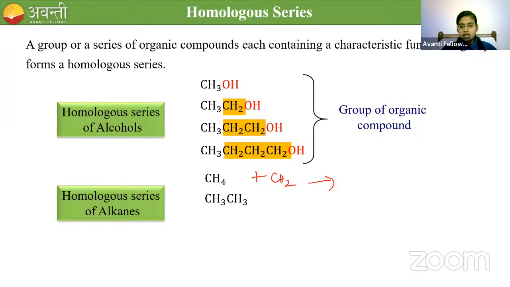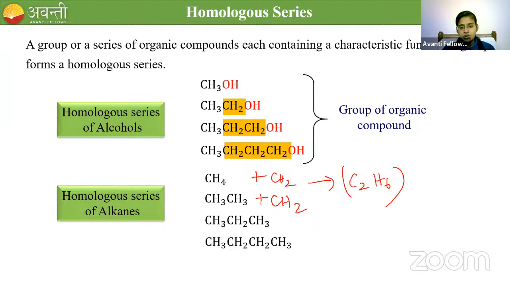If you add one more CH2, you will get CH3CH2CH3. And add one more CH2, you will get the fourth compound.